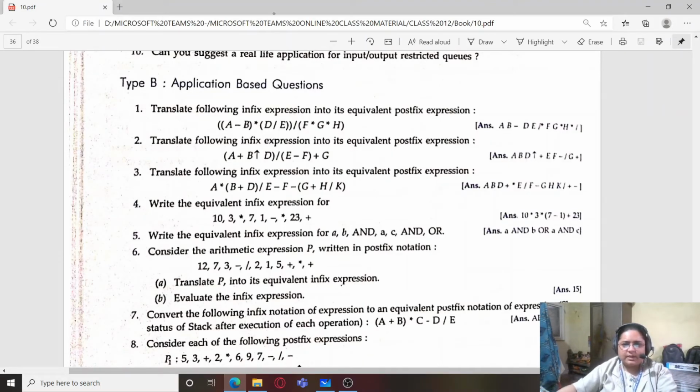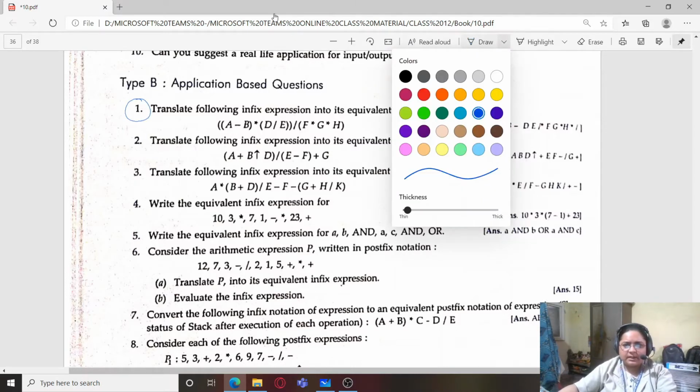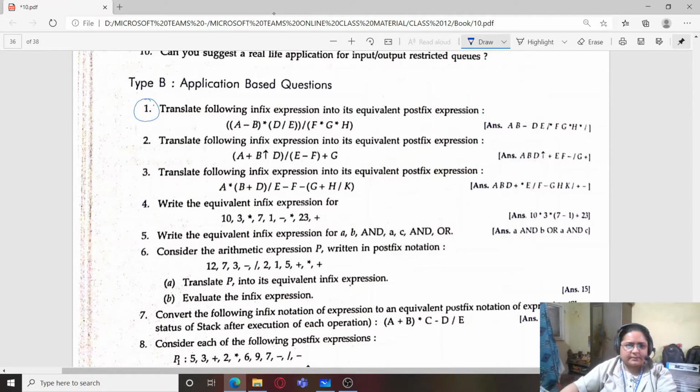You can see over here the very first one, that is translate. Let me increase the thickness of my stylus. Yes. So the first is translate the following infix expression into its equivalent postfix expression. Although the answer is given, we will first solve this.